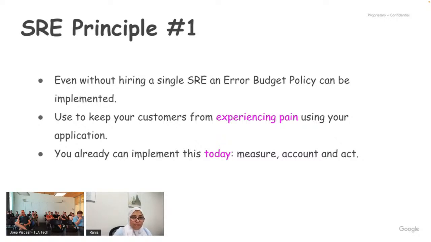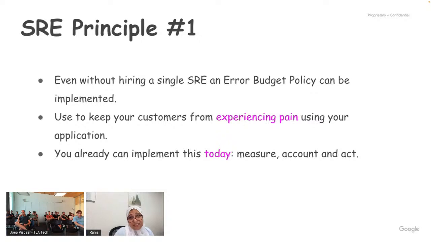Nevertheless, you don't need to wait to have an SRE, okay, in order to have an error budget and to define your own error budget policy. You can go ahead and have it there, because this can definitely prevent problems from growing in production, okay.